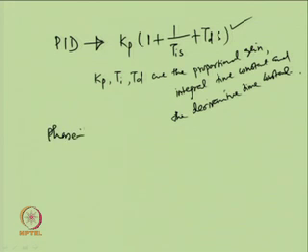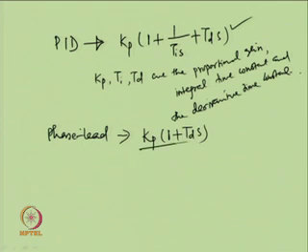Phase lead controller transfer function can be given by Kp (1 plus TD S) upon (1 plus alpha TD S), where alpha is less than 1.